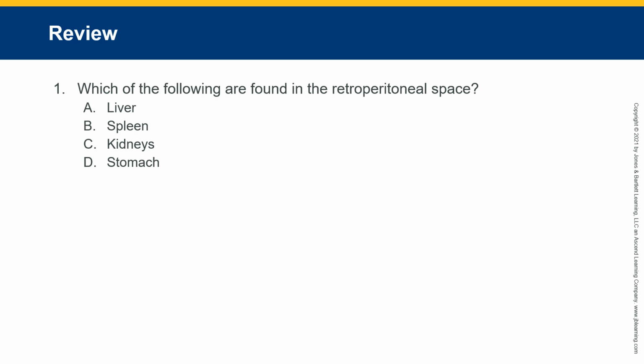Retroperitoneal organs: liver, spleen, kidneys, stomach. So when it comes to your anatomy, your vocab is coming into play.